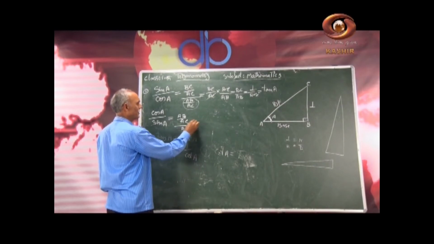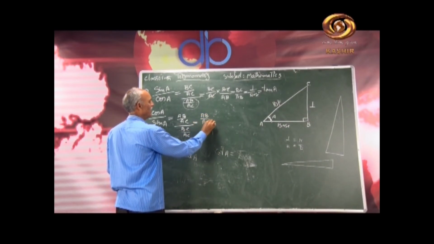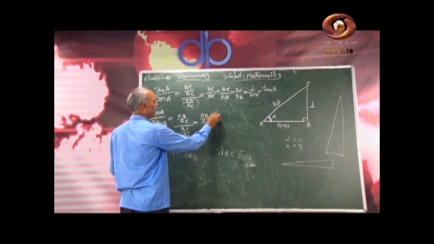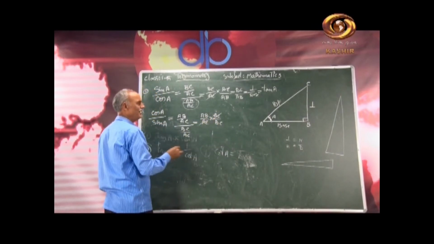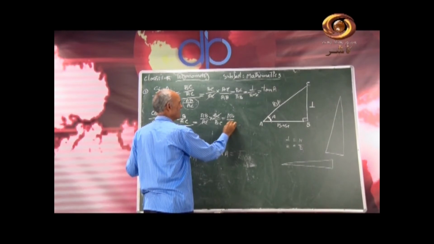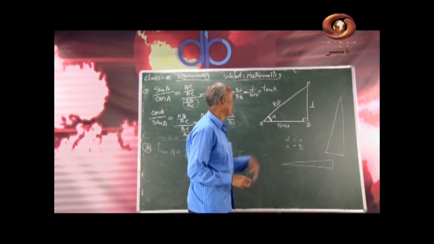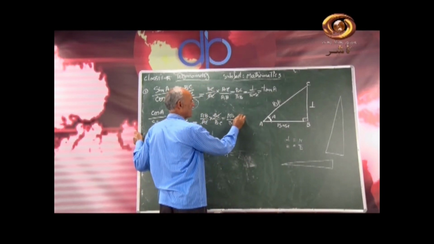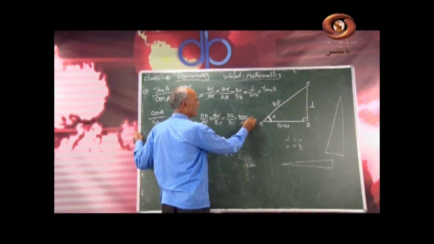If we solve this, we get AB by AC, taking the reciprocal, that is AC by BC, cancel out AC, we are left with AB by BC, and this AB by BC is base by perpendicular here. AB is the base of the right triangle, BC is the perpendicular of the right triangle.